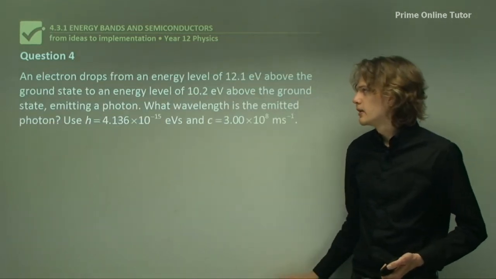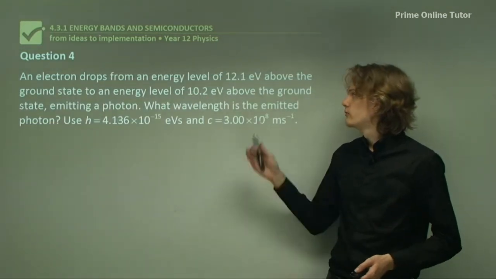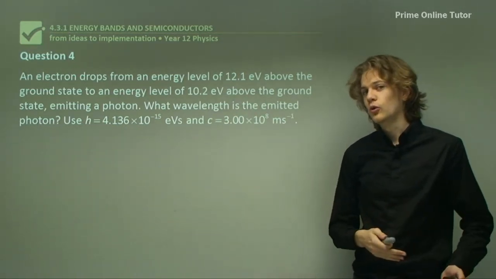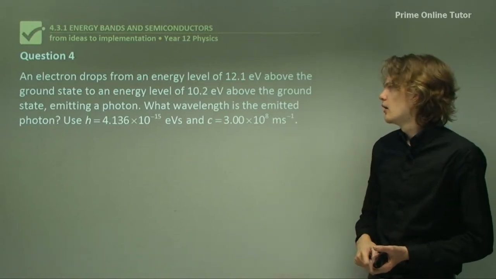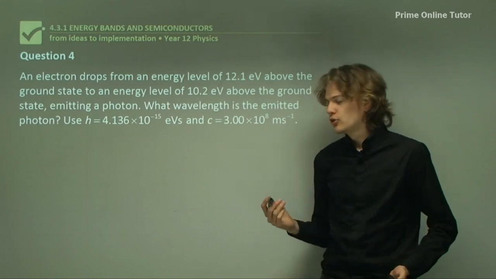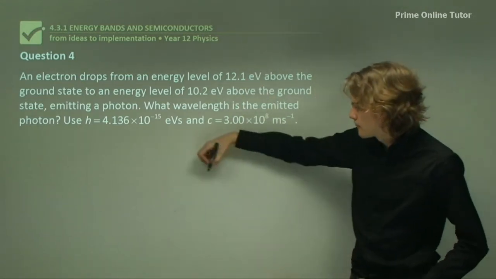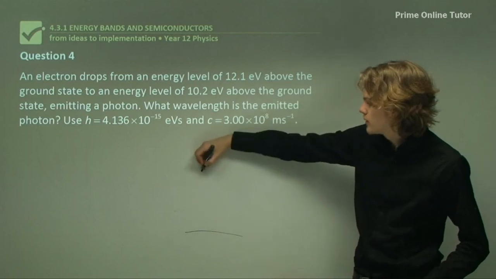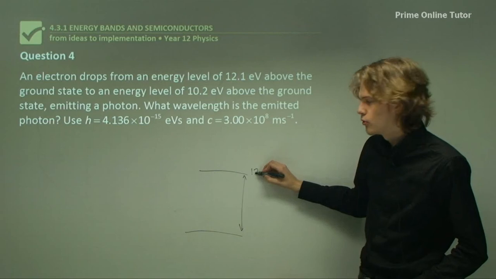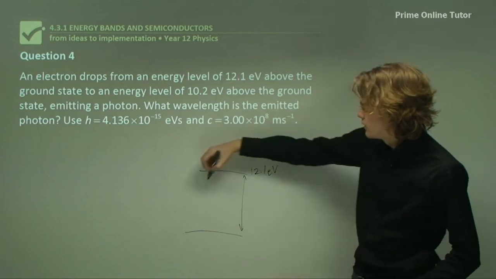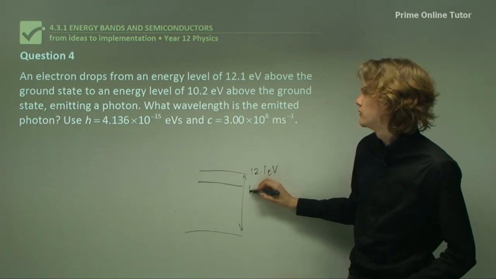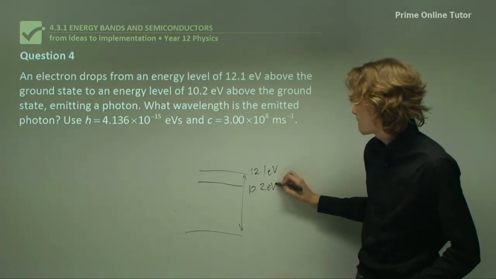Question 4. An electron drops from an energy level of 12.1 electron volts above ground state to an energy level of 10.2 electron volts above ground state. So that means that it emits a photon. What wavelength is the emitted photon? So this time, instead of going all the way to the ground state, if the ground state's over here, then we're jumping from this energy level, 12.1 electron volts, to this energy level, which is, of course, 10.2 electron volts.